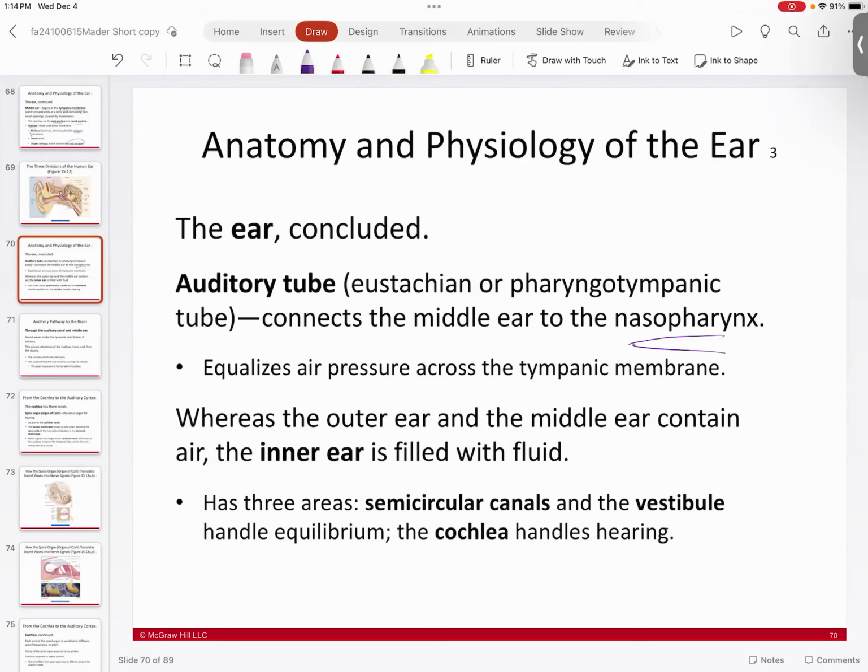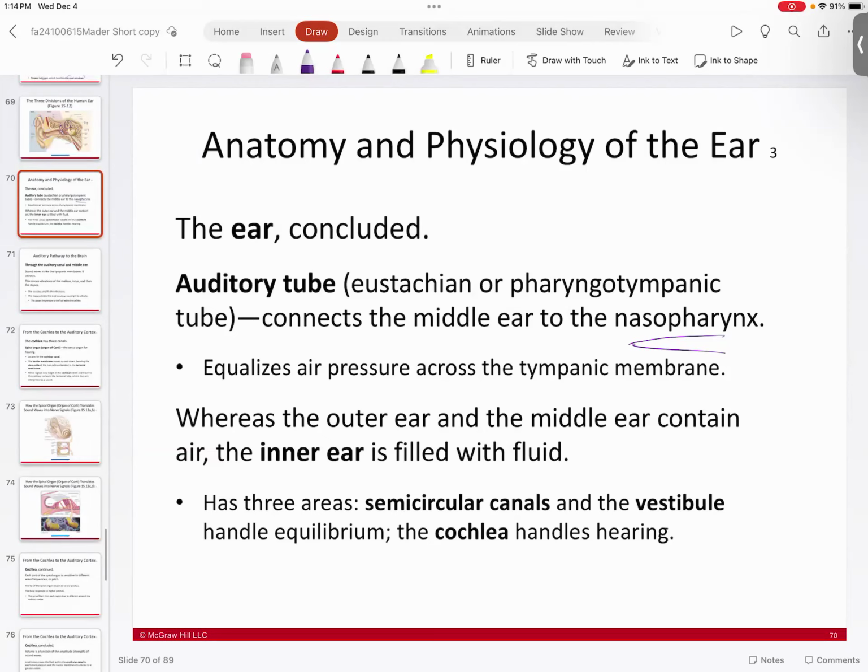So you've got pressure associated with the outside world and pressure associated with the inside of your body. The middle ear is an open area that has air pressure in it. And so in order to equalize the pressure inside your body with the pressure outside your body, you have to have some sort of an outlet. That's what the eustachian tube does. This is basically what happens when you have the popping ear phenomenon when you're going up into the mountains.